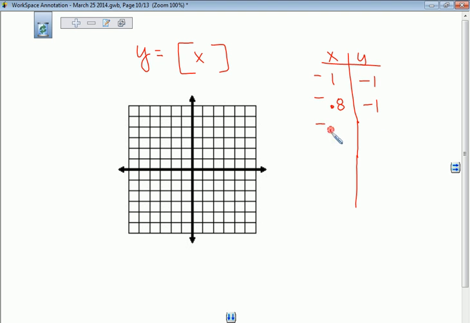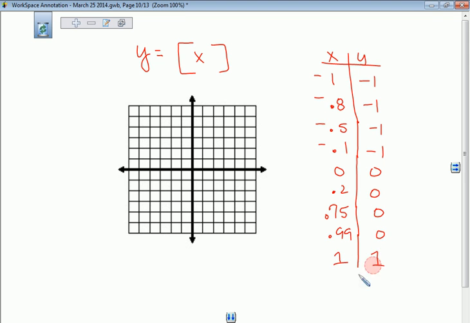Let's do -0.5. -1. Okay, -0.1. -1. 0. 0. Alright. 0.2. 0. 0.75. 0. 0.99. 0. 1. 1. 1.1. 1.